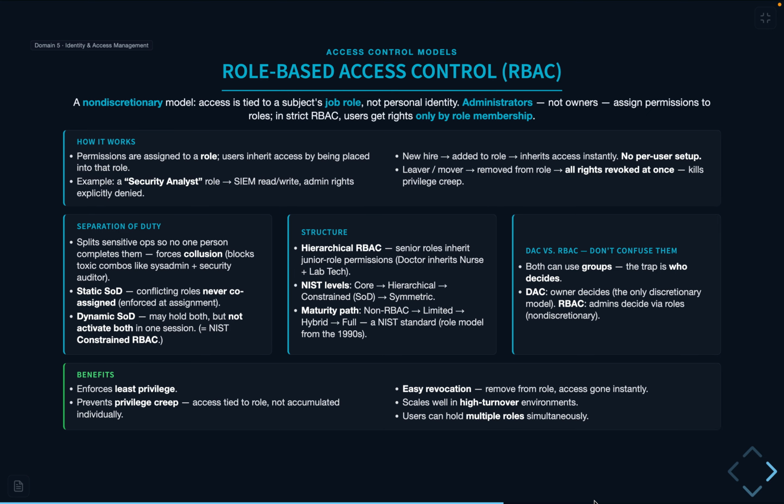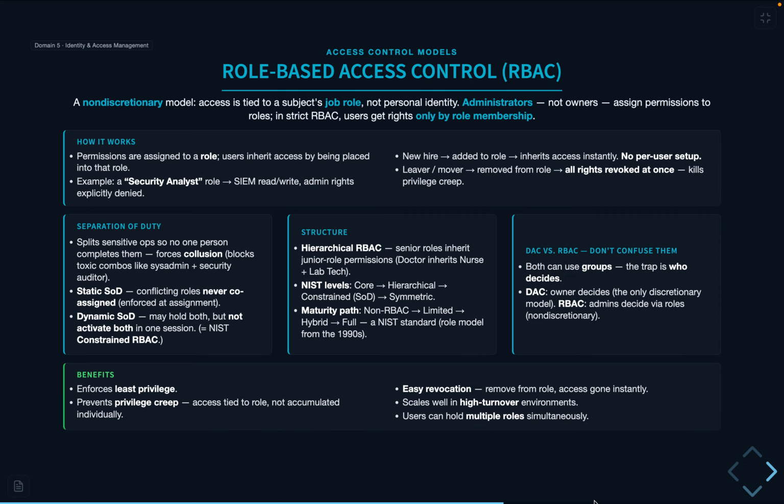The main benefit of role-based access control is that it enforces the principle of least privilege. So people only get the rights which are required to do their job, not more than that. And it also prevents privilege creep, since access is tied to a role and rights do not accumulate as they would if assigned individually.